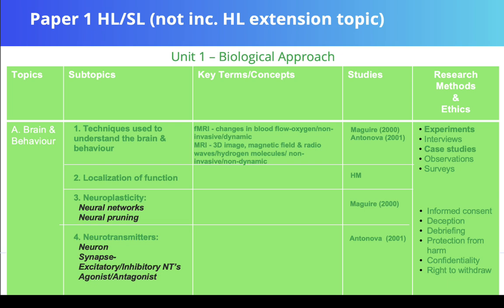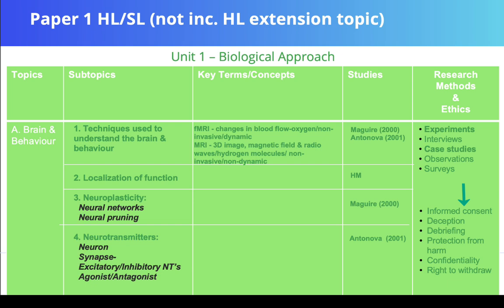If I get asked about ethics, well, here are my choice of all the ethical considerations. And again, I would look at my studies and I would think, what are the most relevant ethical considerations in relation to these studies? So when Maguire was doing her research into the brain and behaviour, what were the key ethical considerations that she had to adhere to, which were really important for that study? And then I could make a selection.